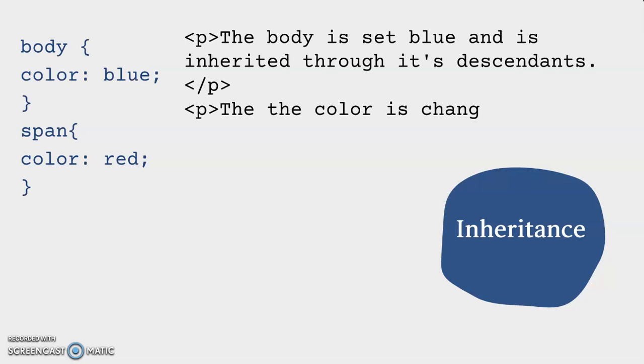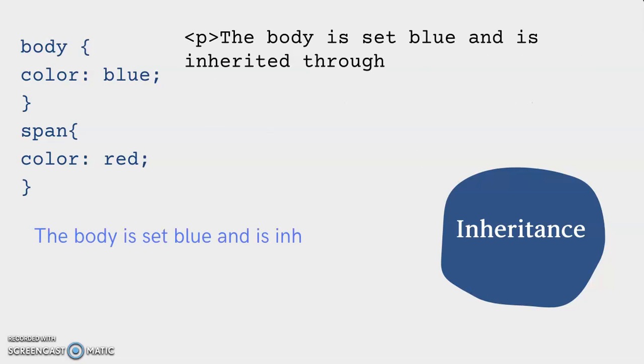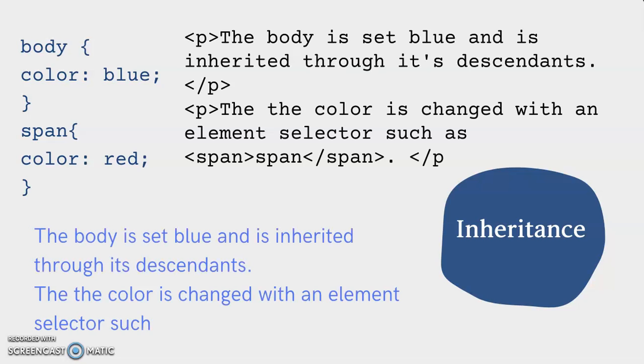So in this case, even though the body is set to blue and inherited through all its descendants, both paragraphs, as you can see here, the color will be blue, but the color is changed when the span element is styled to the color red. And you can see here the span in red.